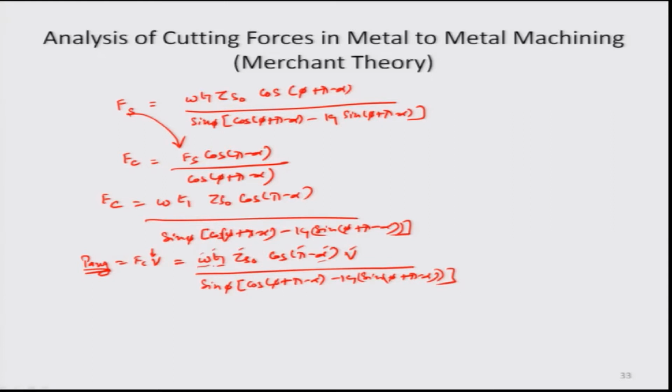So, basically the power W becomes only a function of phi, and minimization can be obtained by minimizing or maximizing this particular denominator here.